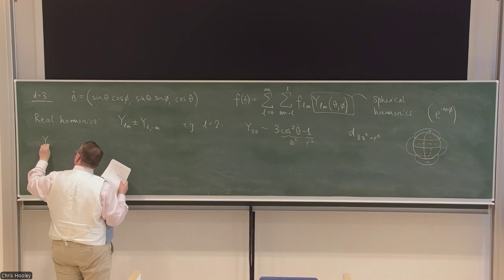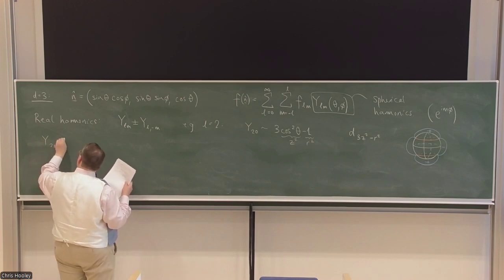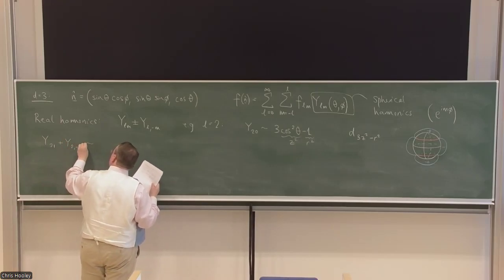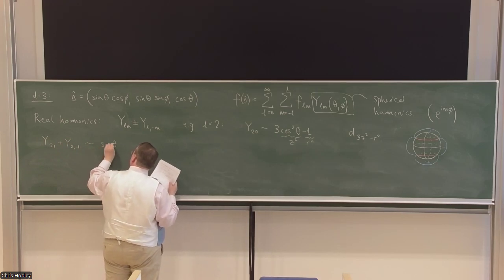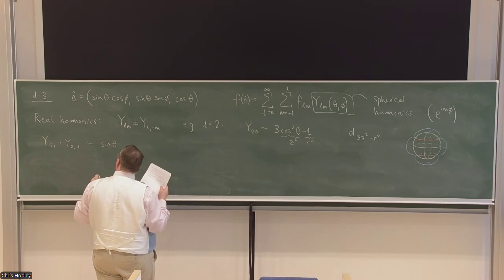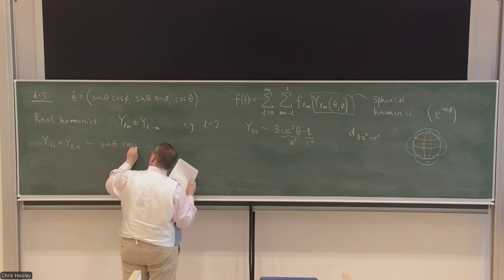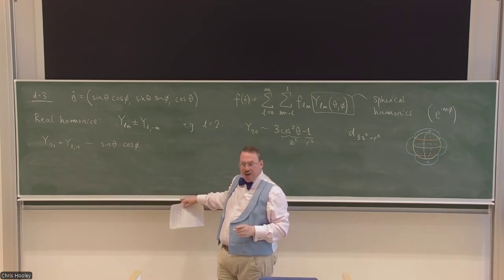And then we have Y21 plus Y2 minus 1. So that goes like sine theta. That turns out to be the associated Legendre polynomial for this value of mod m. And it's the sum of the two complex exponentials, so it goes like cos phi.